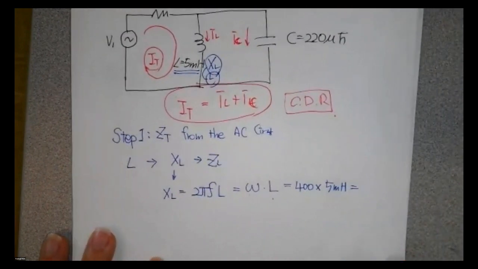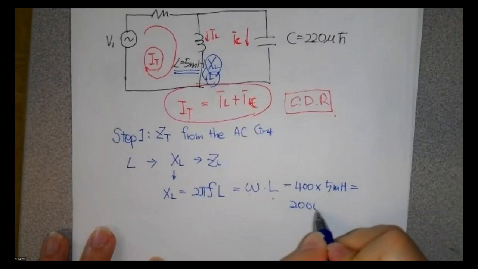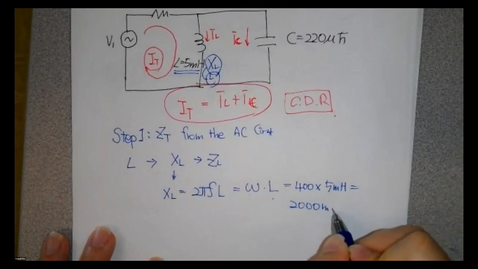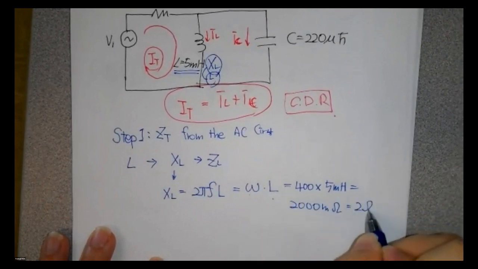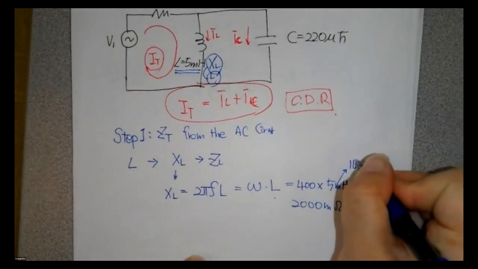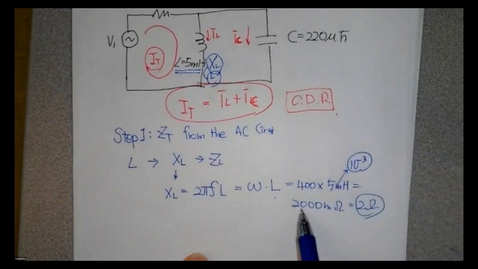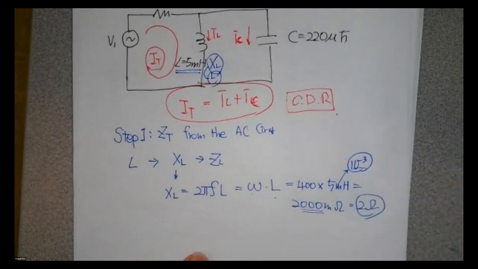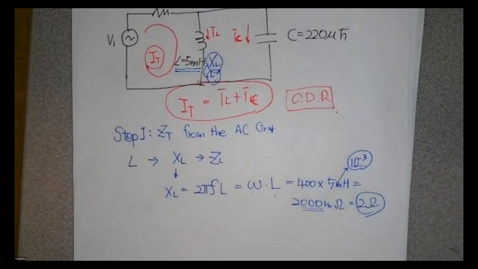So that is 2000 milliohm, 2 ohm. Any question? Why? Because milli is 10 to the minus 3. Here, the 2 ohm.